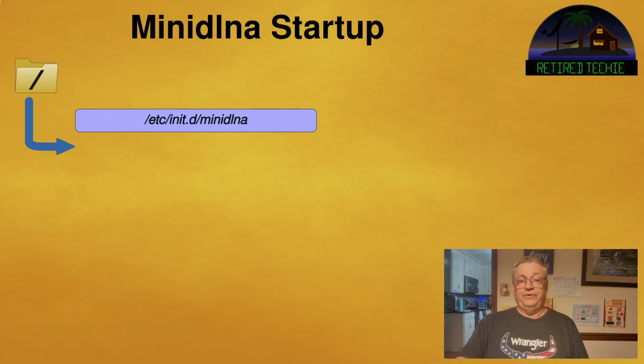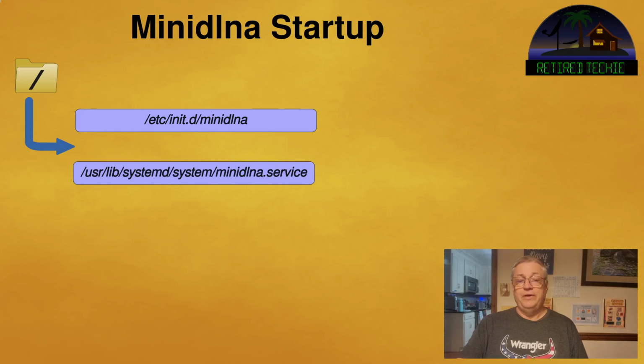This is what starts everything, but there's also a /usr/lib/systemd/system/minidlna.service, which also starts everything. The difference between these two, as I mentioned earlier, is that one's System V, the other's systemd. However, both source another file, /etc/default/minidlna, which has some more settings in it.